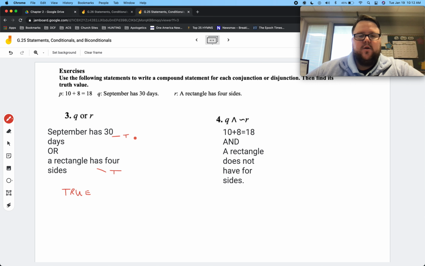So we determine 10 plus 8 equals 18. That is true. A rectangle does not have 4 sides. That is false. And because it's an and, they both have to be true for it to be true. One of them is false, so the answer is false.